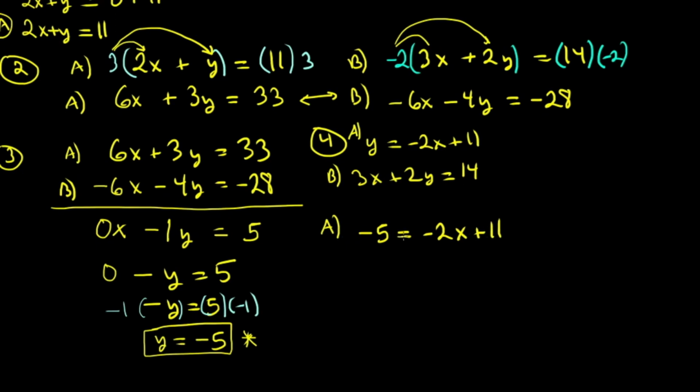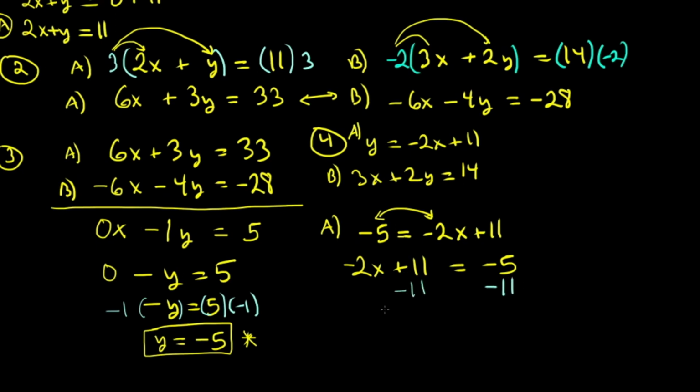So let's just go step by step here, right? I'm going to just switch sides, right? Because I want the x on the left, right? So negative 2x plus 11 is just negative 5. And then we want to isolate the x here, right? So before we can do anything with the negative 2, let's take the positive 11 and subtract 11 from both sides.